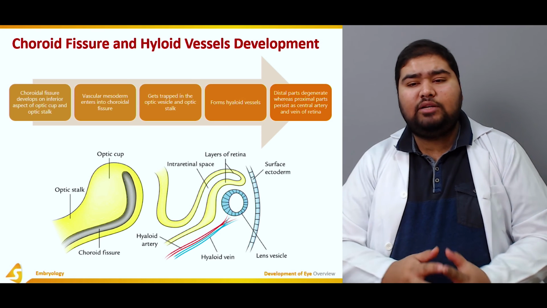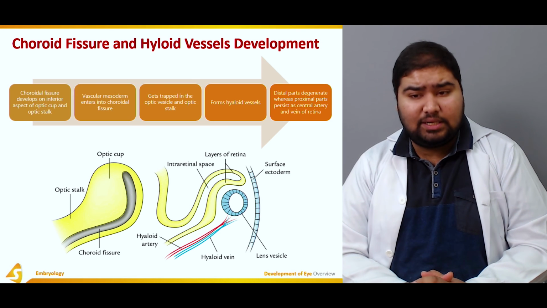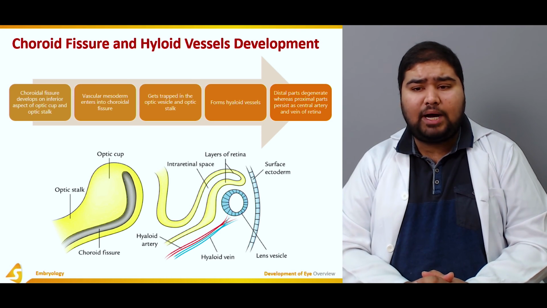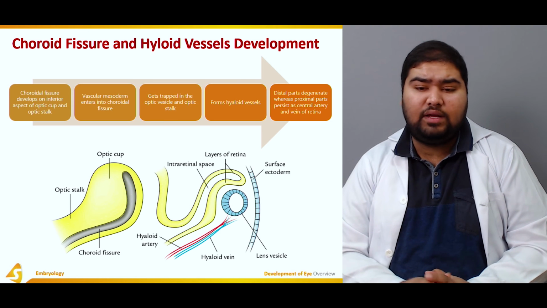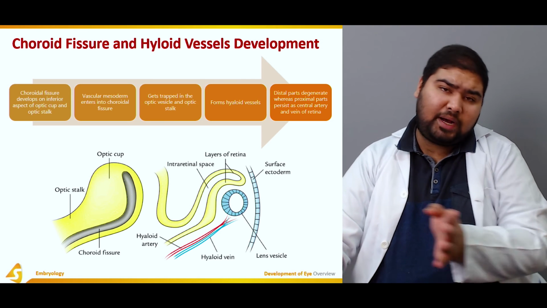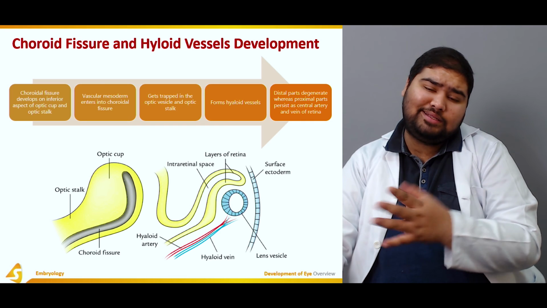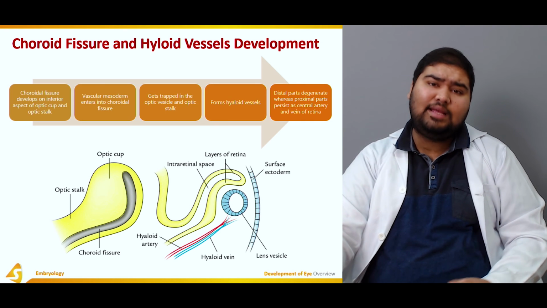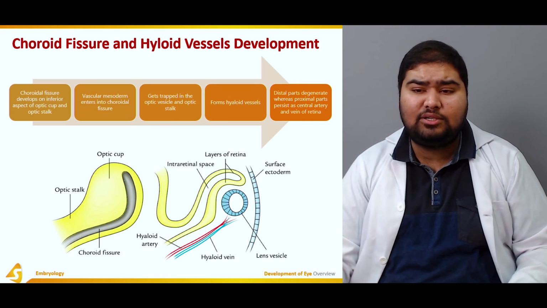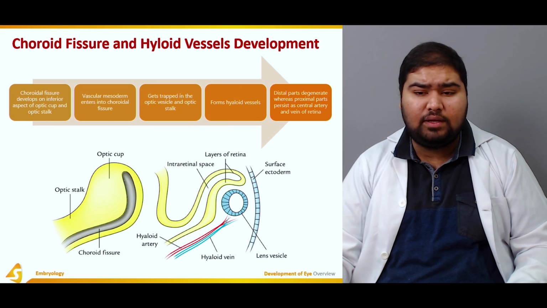Now the distal part of these vessels degenerates, while the proximal part persists as the central artery and vein of the retina. So the distal part degenerates. However, the proximal part stays, and it stays as the central artery and vein of the retina.